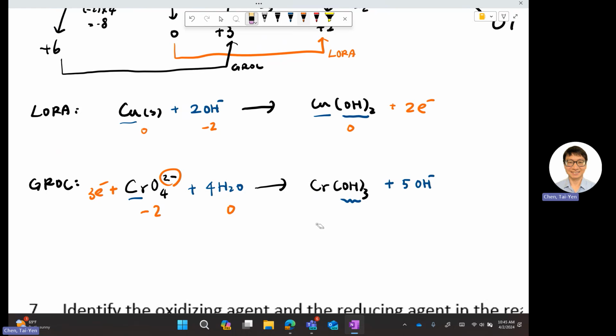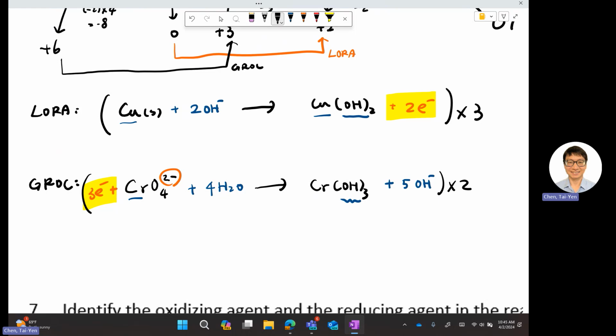After this, you compare the electrons that were given out from your LoRa, which is 2 electrons, with your G-Rock, but they are not the same, right? One gives out 2, one accepts 3. To make it the same, we multiply your LoRa by 3 and the G-Rock by 2, so that all the electrons will be balanced.